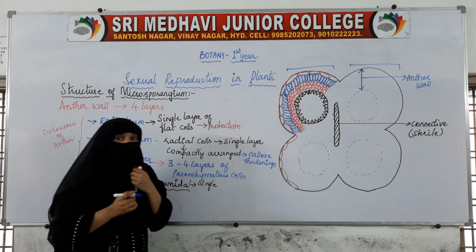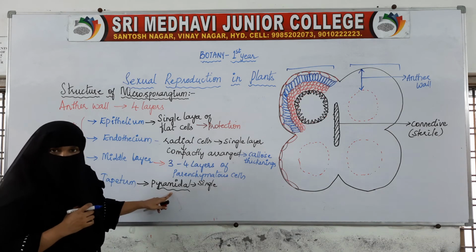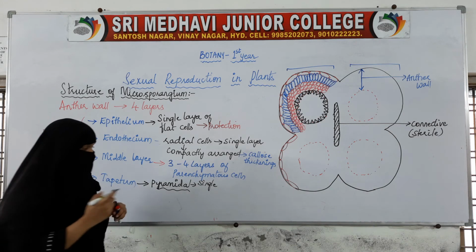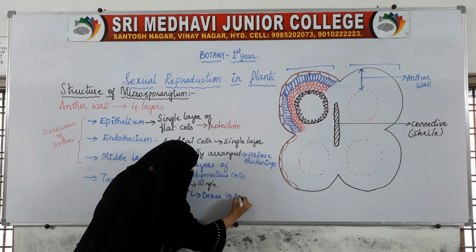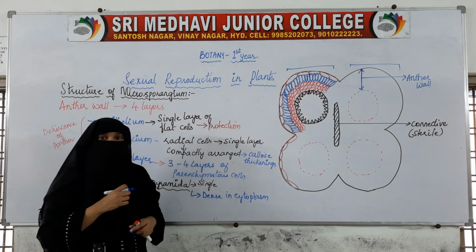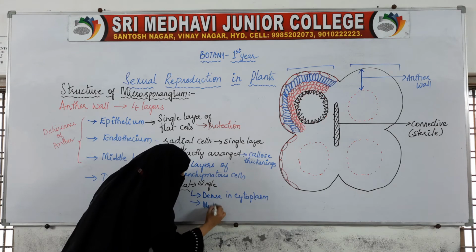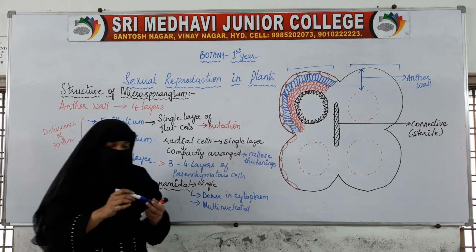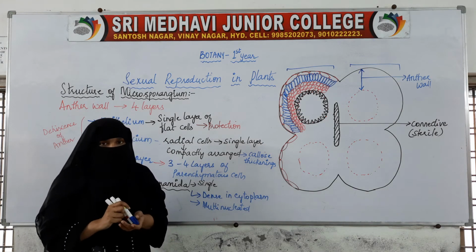The cells are pyramidal in shape, in a single layer, and dense in cytoplasm, meaning thick cytoplasm is present inside the cells. They are multinucleated, which means more than one nucleus is present inside a cell.